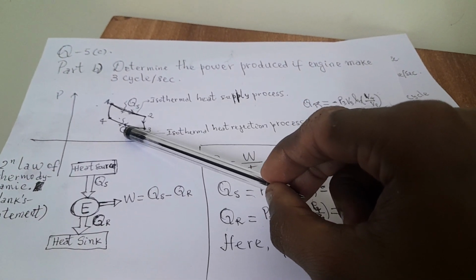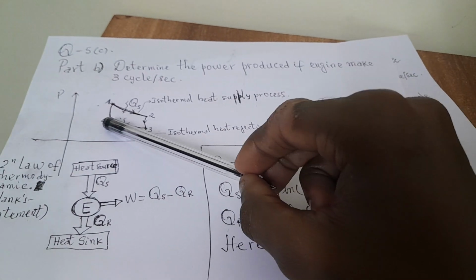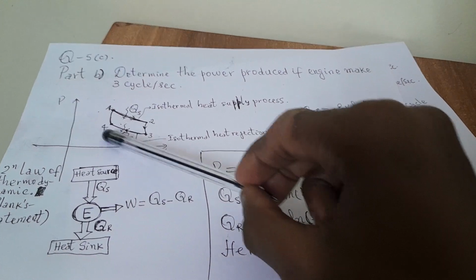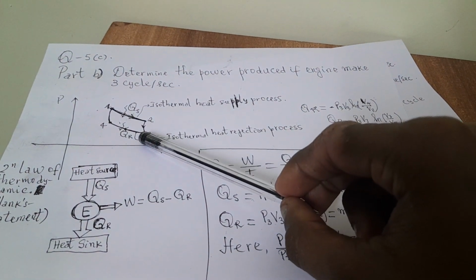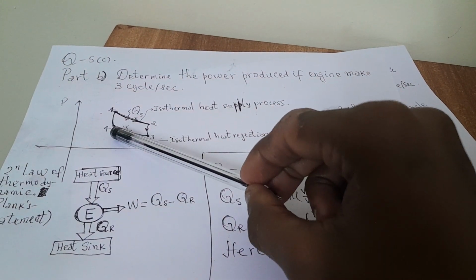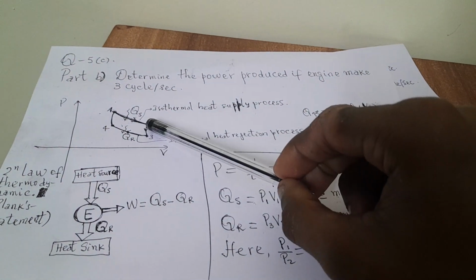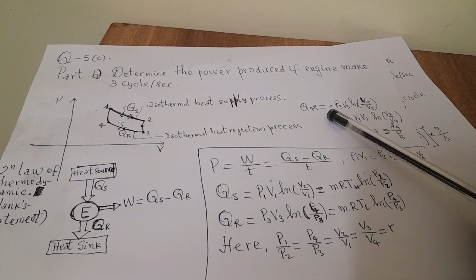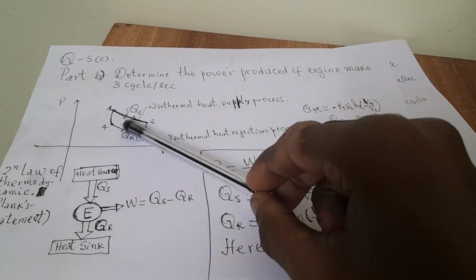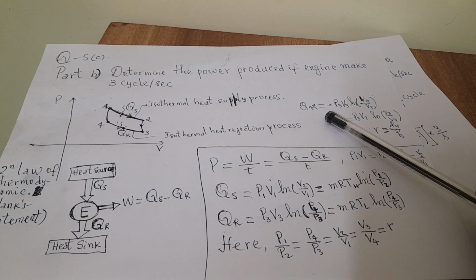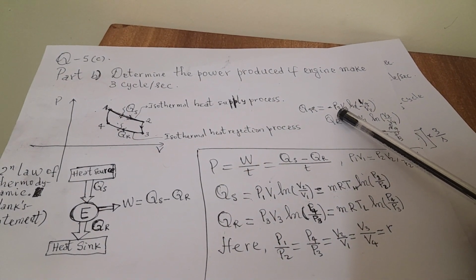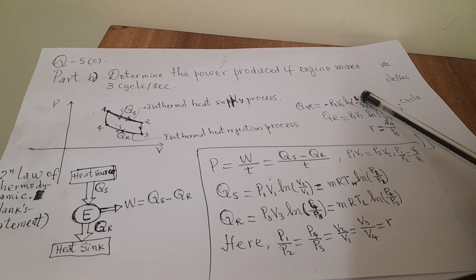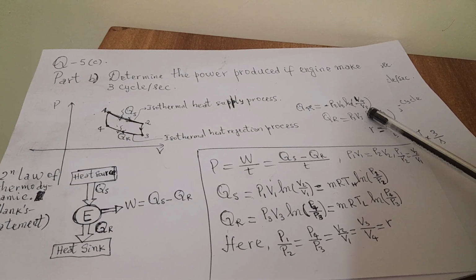You will take the same pattern: the final volume upon the initial volume, as you did here. So it will be negative. Why negative? Because it is in the opposite direction according to this one. Then it will be P3 V3 ln of V4 upon V3, final upon initial.